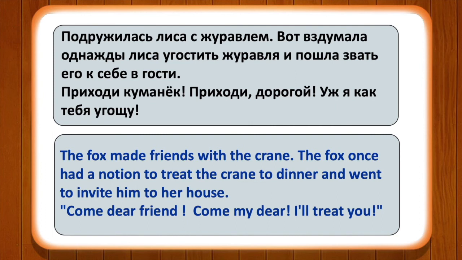Дорогой can be expensive, and дорогой can be dear. Уж is an expression like oh, wow. In this form it has no specific meaning, it is just an expression. Я так тебя угощу.